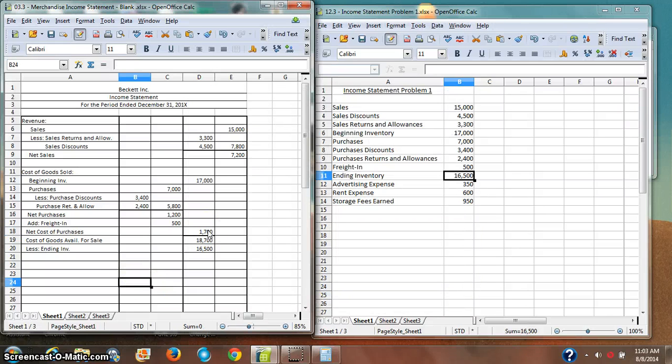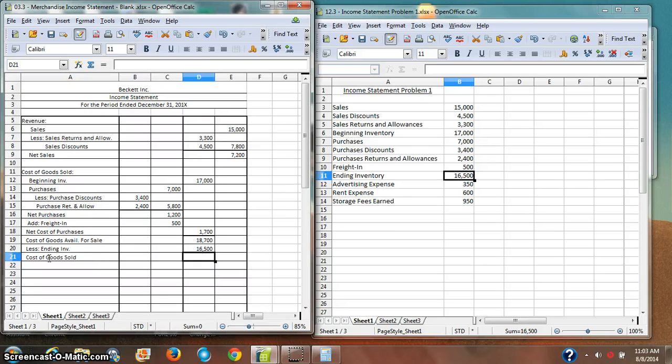And then less merchandise ending inventory. And this gets me the main point of what I was trying to do in this setting. The cost of goods sold.